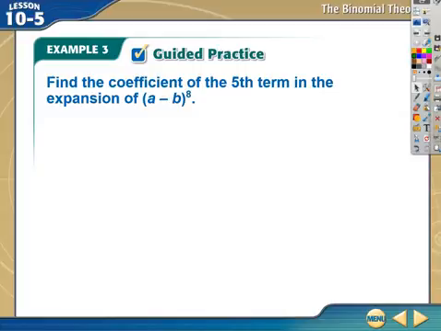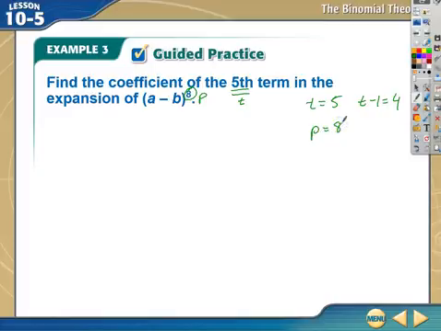All right, so let's see what's the next one. It says here, find the coefficient of the 5th term. Again, 5th term. There's my t, and there's my power. So again, t is equal to 5. That means that t minus 1 is equal to 4. My power is equal to 8.